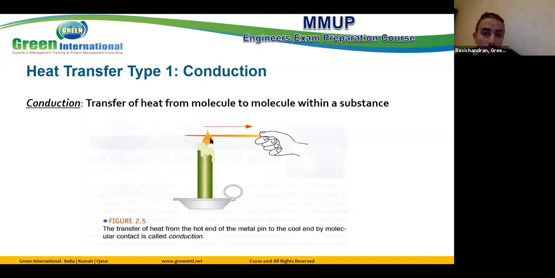The heat is transferred through this stick, molecule by molecule, according to the contact between molecules. So conduction needs contact. The heat is transferred from the candle flame to your hand by conduction through this stick.